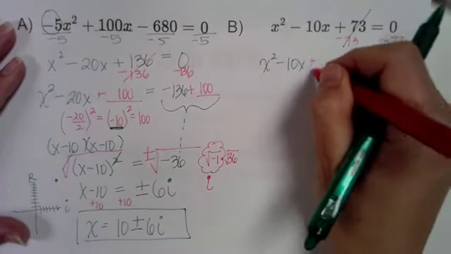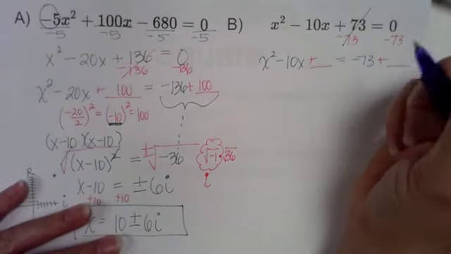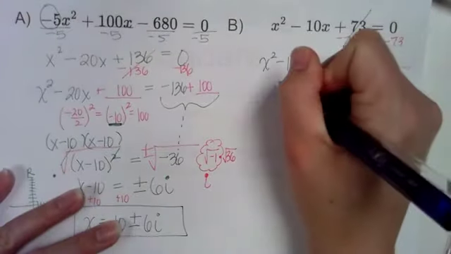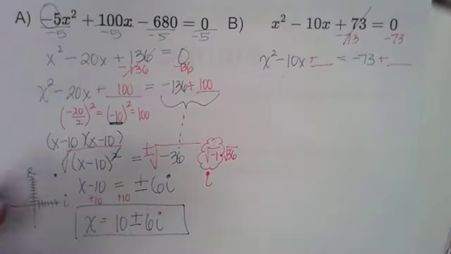And we're going to add some blank spaces to complete the square. What goes in those blank spaces? How do we find the blank spaces? 25. How'd you get 25? I have a mask on. I can't fix my pen. Okay.